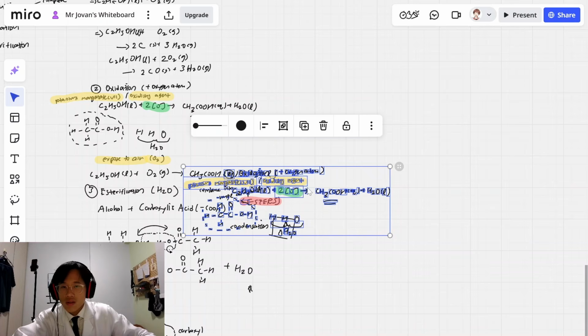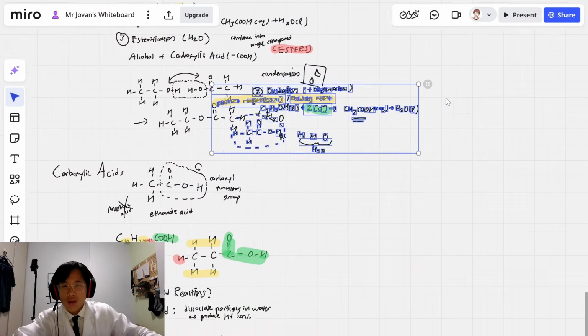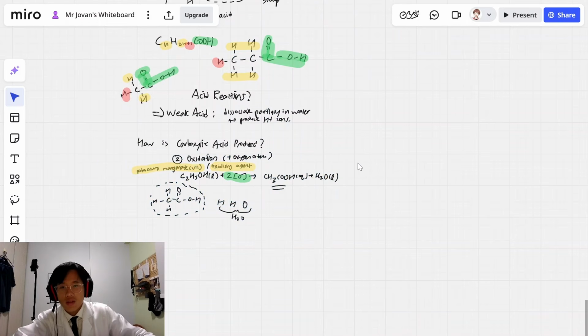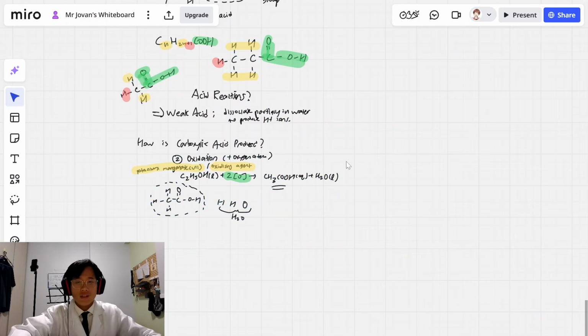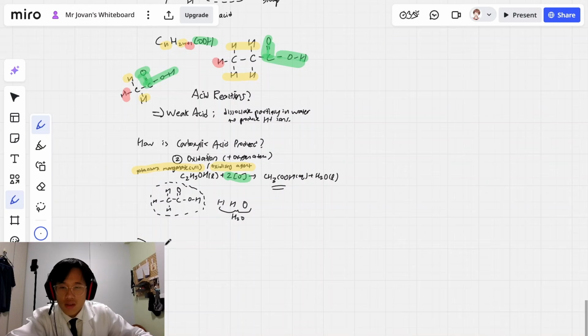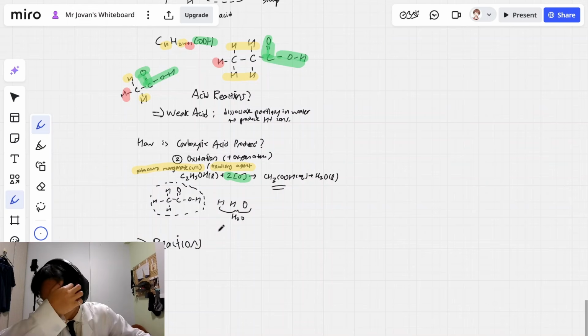We already know how carboxylic acid is produced because everything is linked. We learned it in alcohols already. Carboxylic acid is produced through oxidation. Now that we know that carboxylic acid is a weak acid, we can already know that carboxylic acid will go through the same reactions as a salt and base.